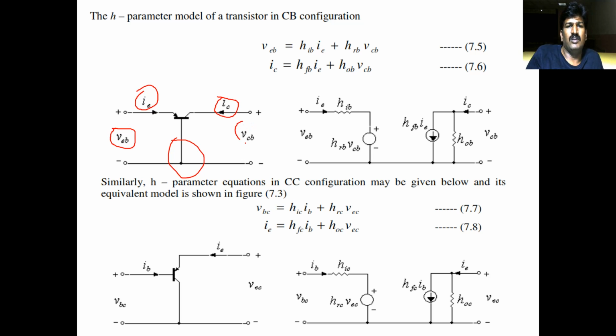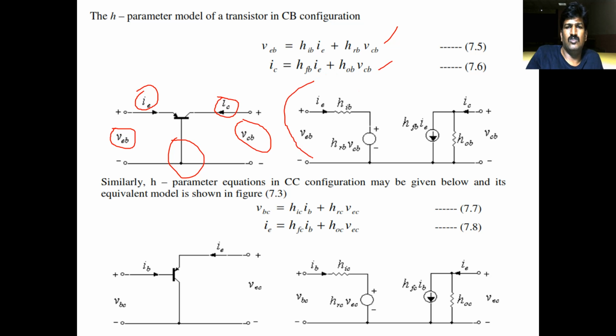What is the output voltage? Collector to base voltage. So the input voltage and output current depend upon the input current and output voltage, and you can write these equations: VEB is equal to HIB IE plus HRB VCB, and IC is equal to HFB IE plus HOB VCB.